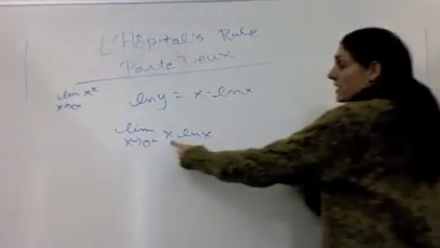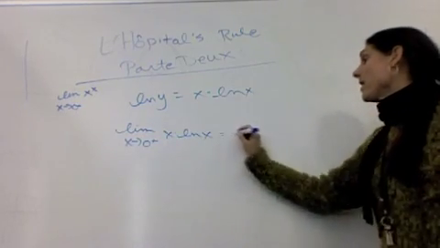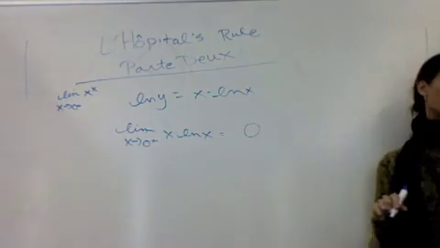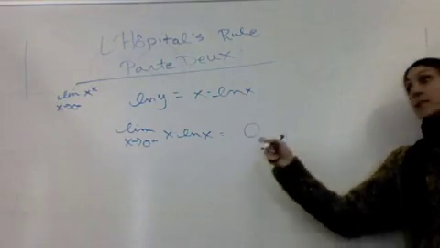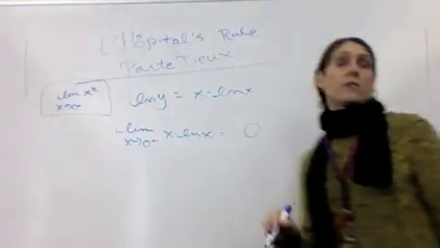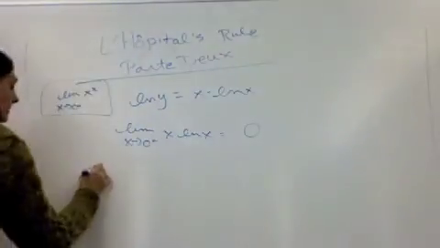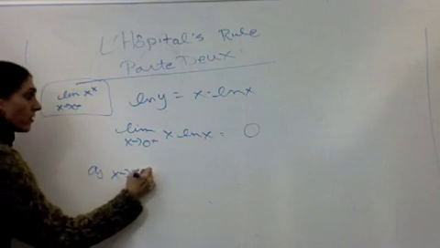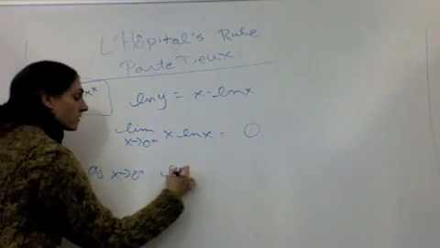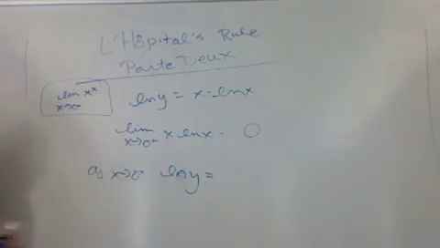Remember I got 0 times negative infinity, so I made this the denominator of the denominator, and we're cool with that, right? So that's not what this equals, though.